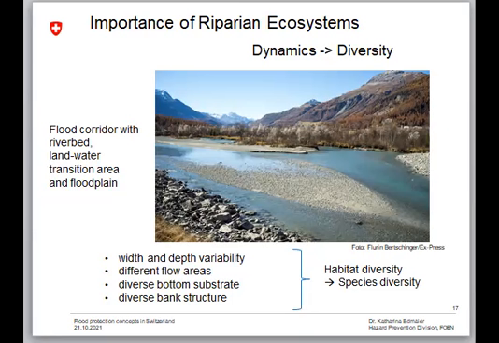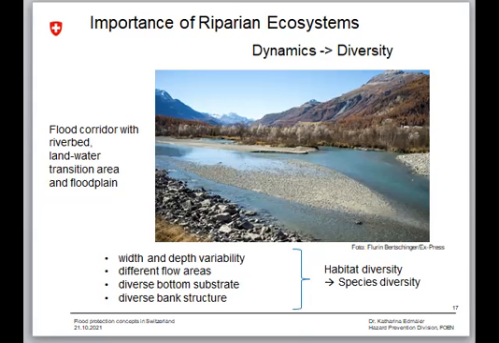Width and depth of the water body vary. There's different flow areas in terms of the flow velocity. The bottom substrate varies in terms of grain size. There's riverbank structures with steep banks that serve maybe as nesting sites for birds, shallow banks that allow mammals to reach the water. So we have a huge habitat diversity, and as well is the species diversity.